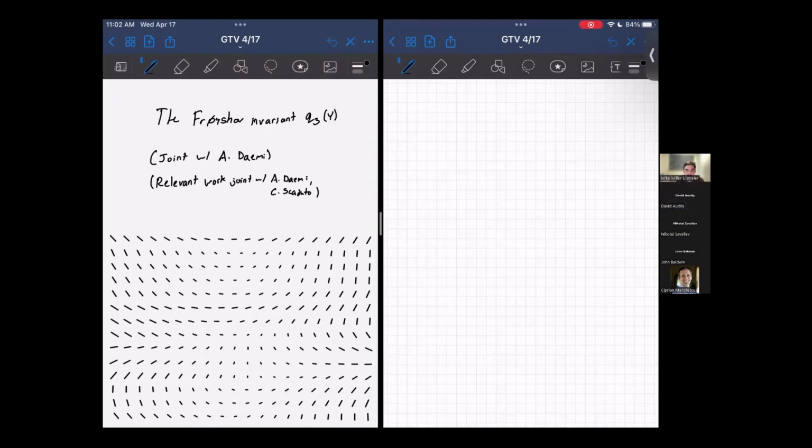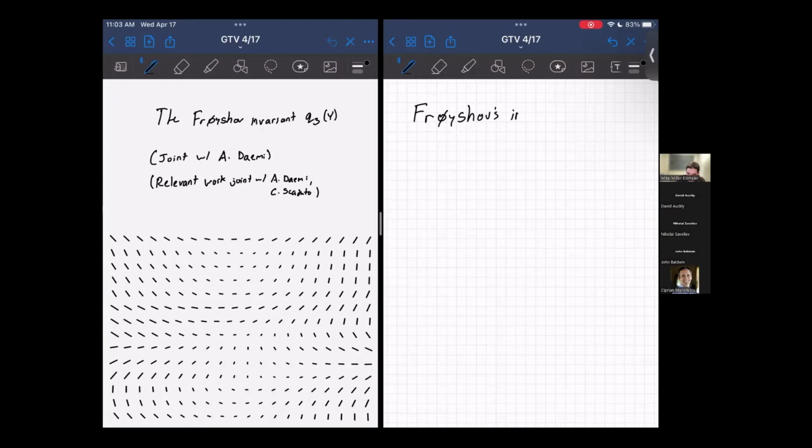I've talked about some of these results in different contexts, often focusing on the topological aspects of the story. Since we're in Gauge Theory Virtual, I thought I'd try and give more emphasis to all of the relevant gauge theory and some of the technical hiccups we hit along the way. So, just to go through some context, which I think most of us are familiar with some of.